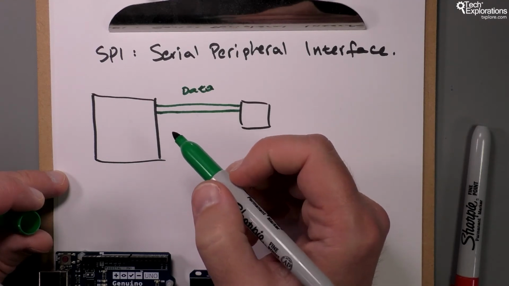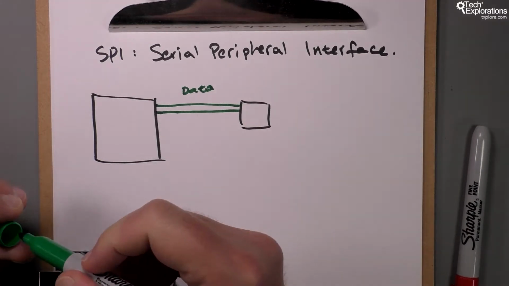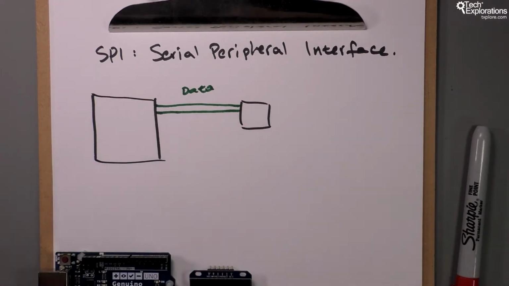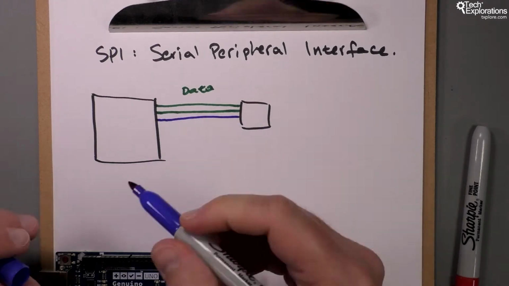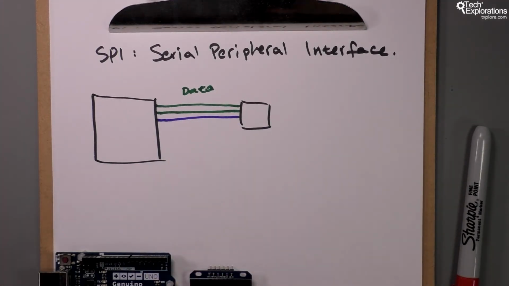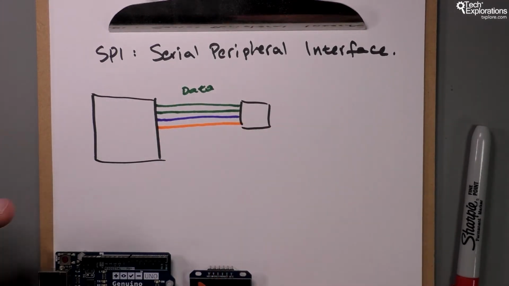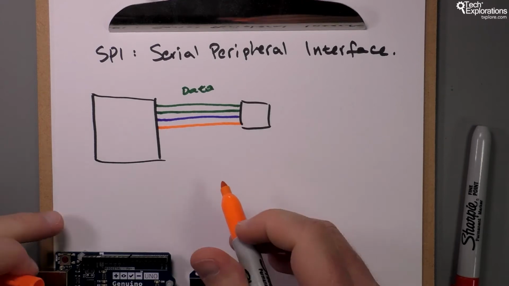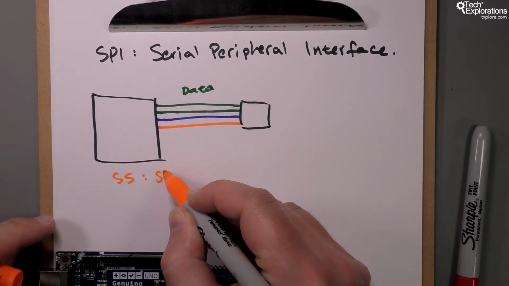Then we also have a clock line, which I will draw as blue. So blue is our clock. And I'll make an orange line called the slave select. So SS is slave select.